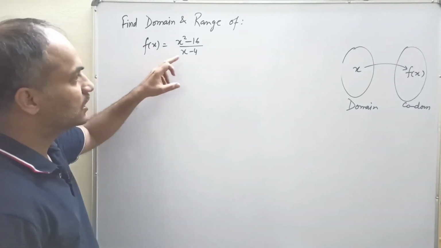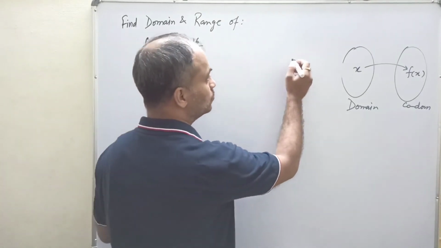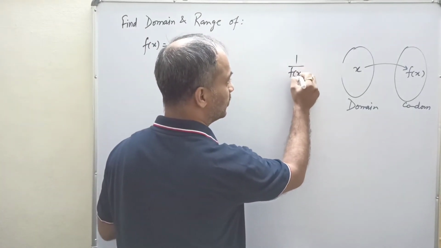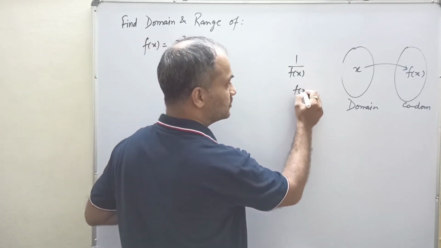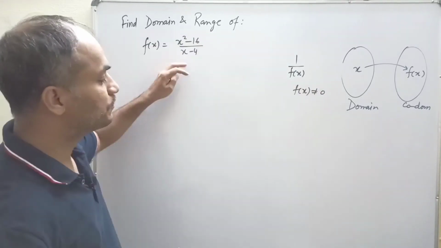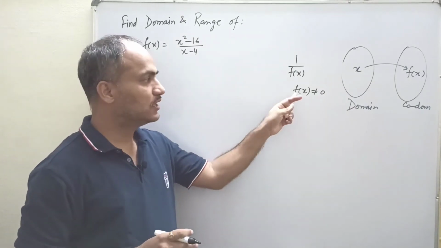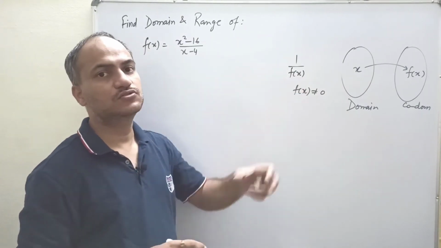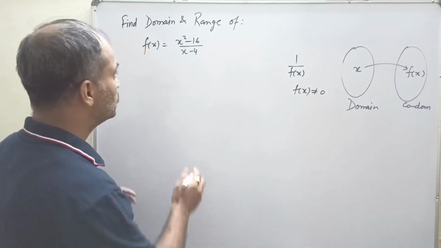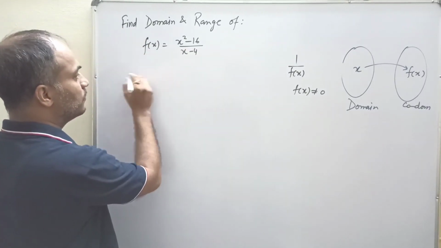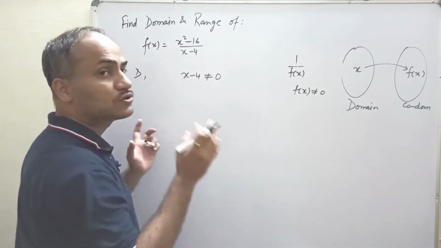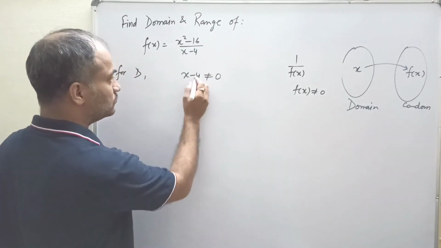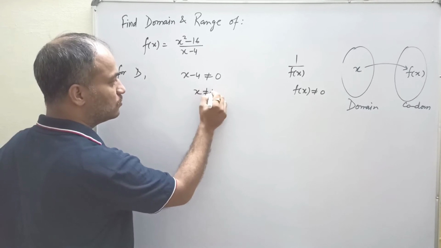Let us see the thing which I told you: when any function is in the denominator, the main condition is that this f(x) should not be equal to 0 for finding the domain. So here, for the domain, we see x minus 4 should not be equal to 0, so x should not be equal to 4.